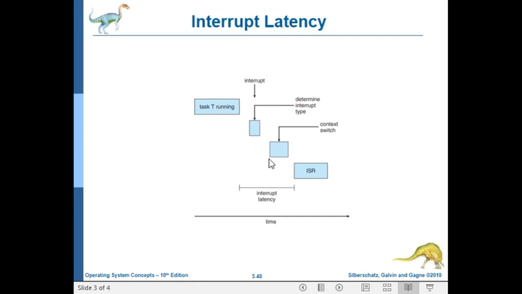It must then save the state of the current process before servicing the interrupt using the specific interrupt service routine. The total time required to perform this is the interrupt latency. It is crucial for a real-time operating system to minimize interrupt latency to ensure that real-time tasks receive immediate attention. So we try our best to minimize the interrupt latency.